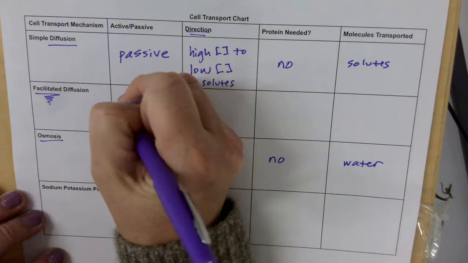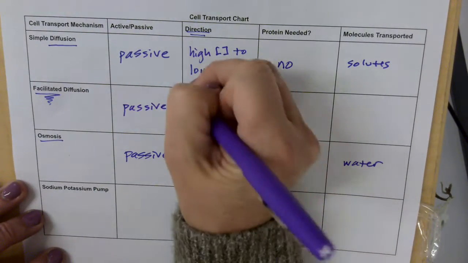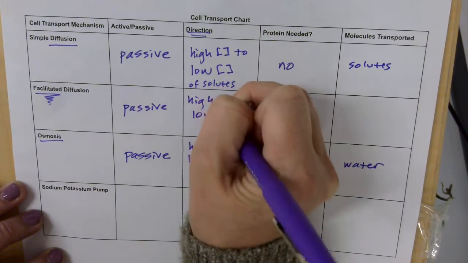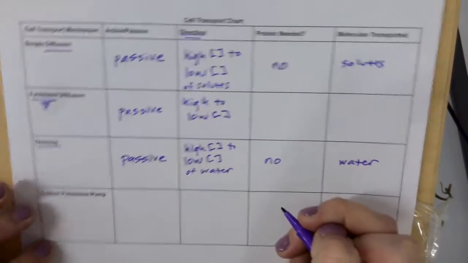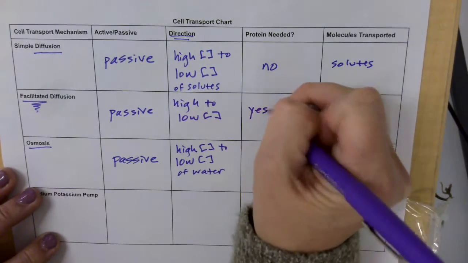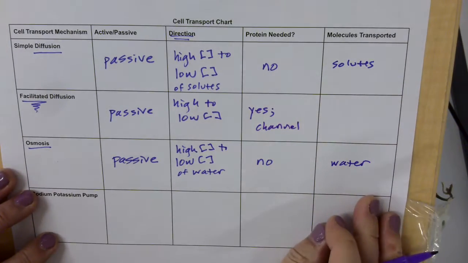This process is passive. It does not require ATP. It also is from high to low concentration, okay? Is a protein needed? Yes. And specifically, it's the channel protein that is needed.